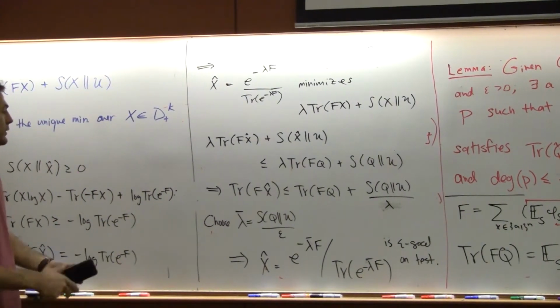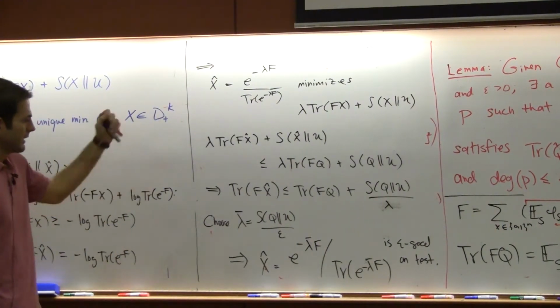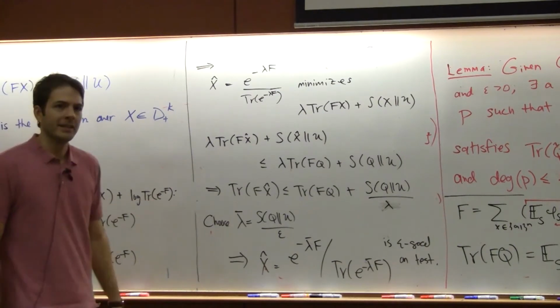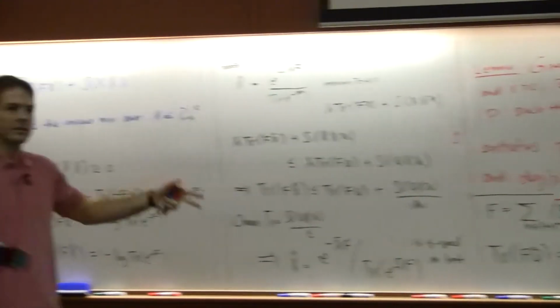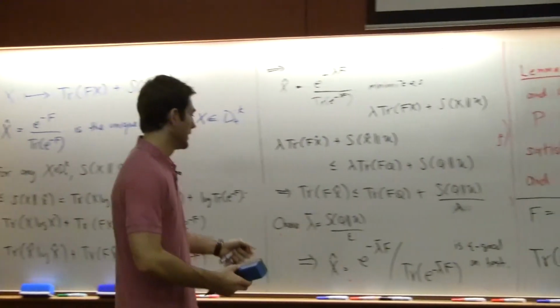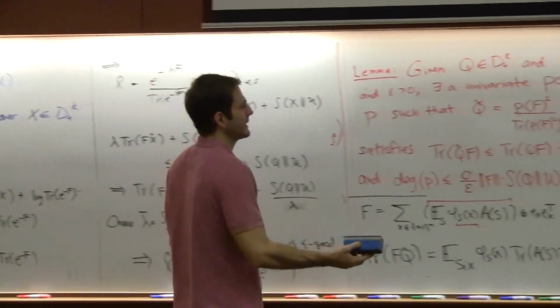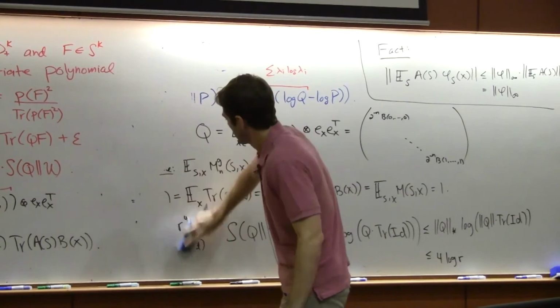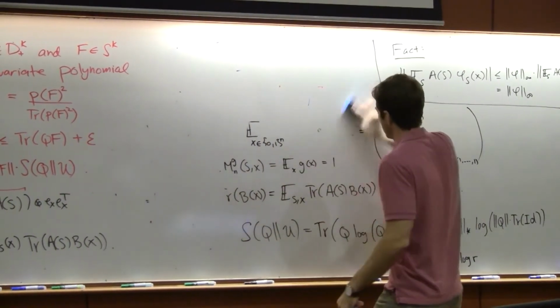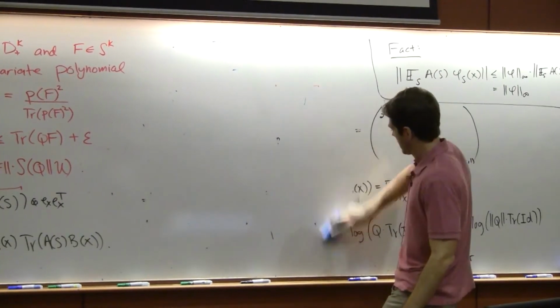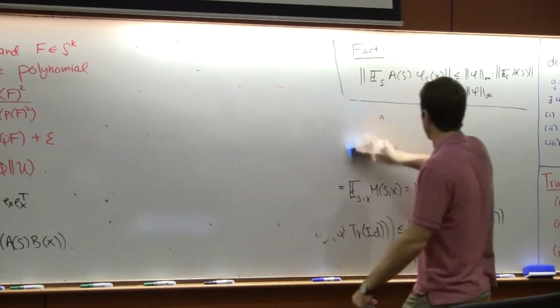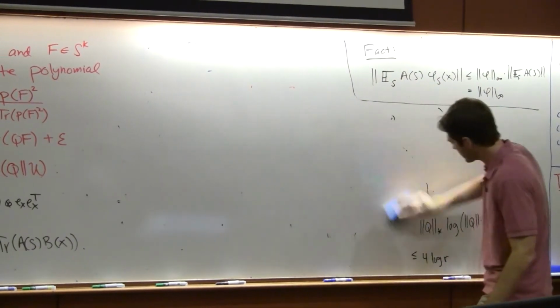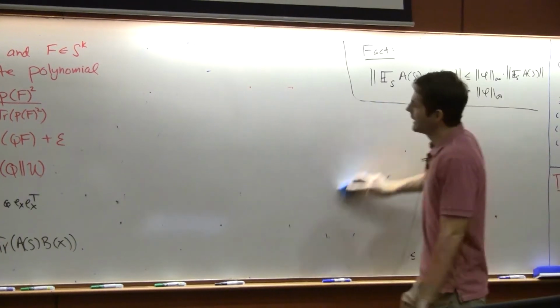So what's the last thing to do? It's trivial. Approximate e to the x by its Taylor expansion up to some point, and then we get a polynomial. Okay. We need the square of a polynomial, but that's not a problem. So do you want to allow a bit of room?